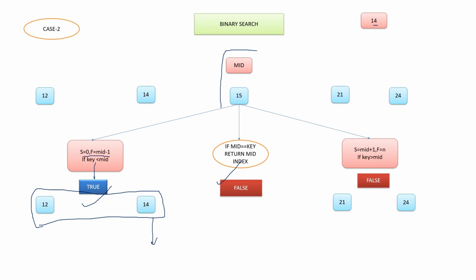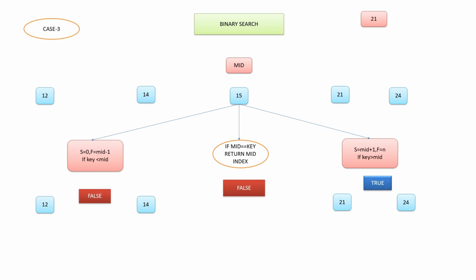So this makes the complexity n by 2 at every step. Recursively, we call the same function again and again to find a key. So now we have to move forward.